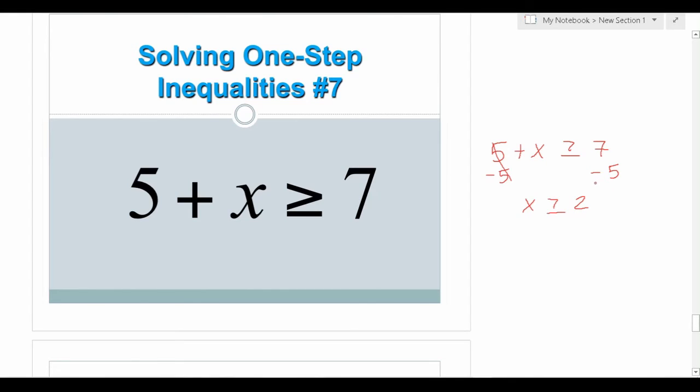Addition and subtraction does not affect the direction of the inequality sign, nor does multiplication or division by a positive. The only thing that affects the direction of the inequality sign is multiplication and division involving a negative across the inequality sign, okay?